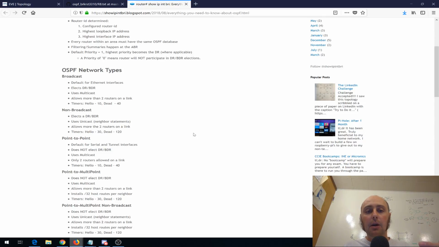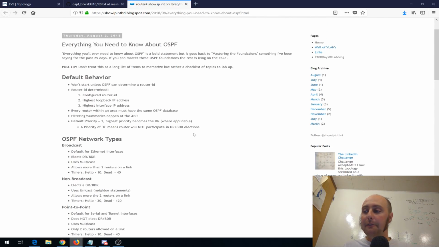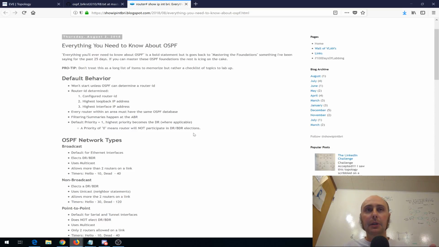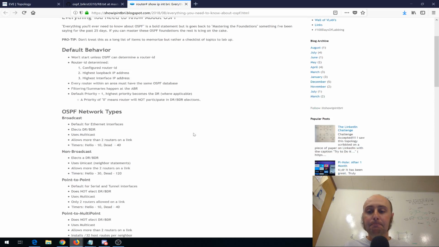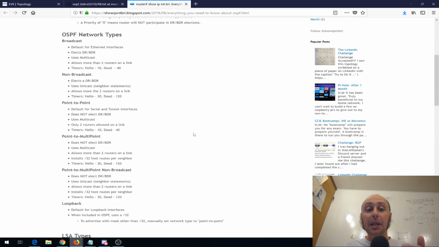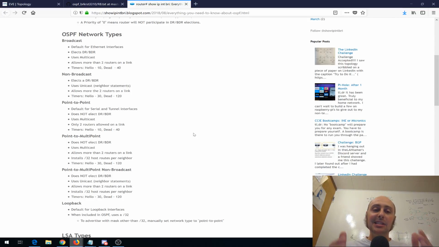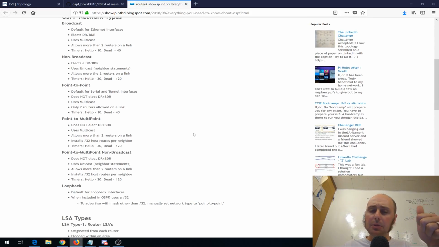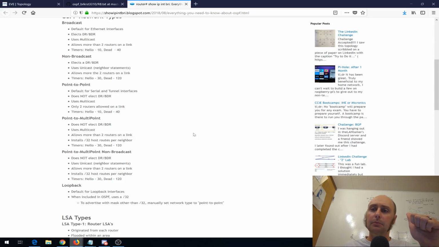So this is all of what I call the foundation information that I feel is so important in OSPF. It's something that I have struggled with. Here I am, I've recently passed my CCIE written, and I still struggle with committing some of these things to memory. For one, I don't deal with routing and switching every day like I'd like to in my regular job.